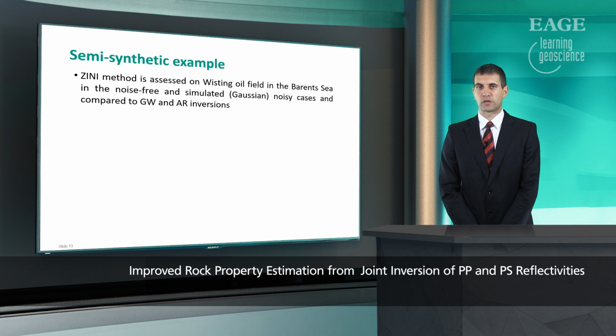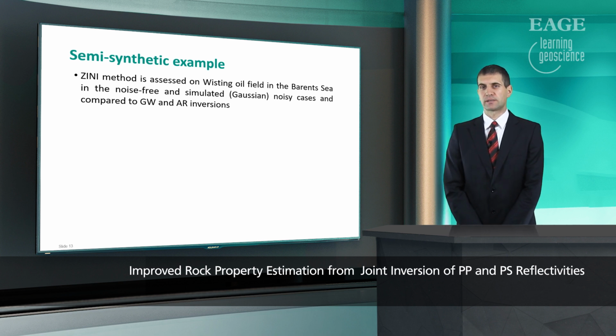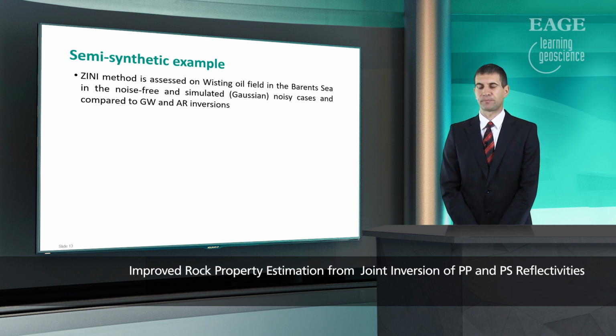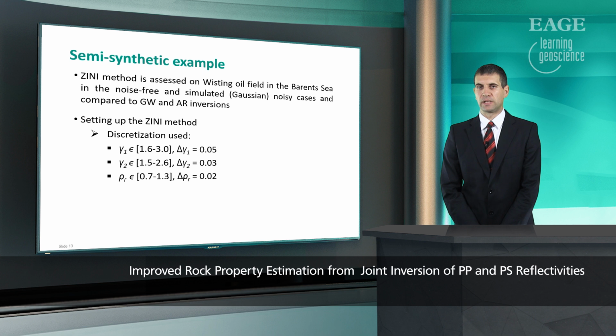Moreover, the results were compared to the inversion results obtained by two other and simpler approaches, namely the Gardner-Wiggins and Aki-Richards methods, briefly introduced in slide 5. Note that the discretization of the model parameters chosen for inversion of more than 30,000 interface points leads to a coarser 3D parameter space, which reduces the inversion runtime.